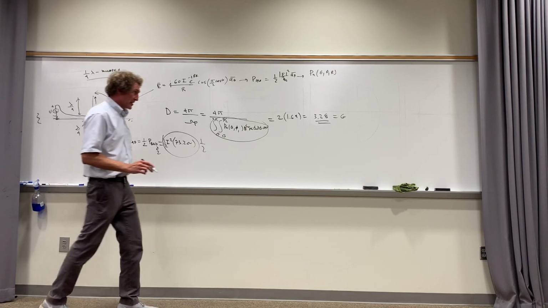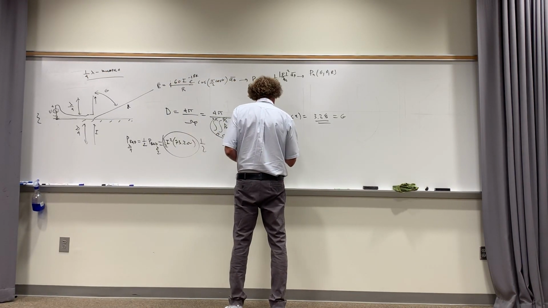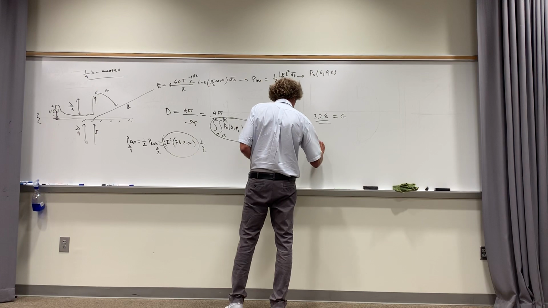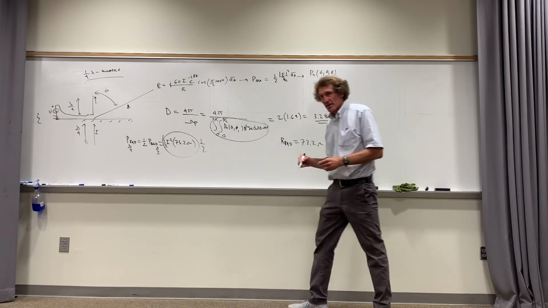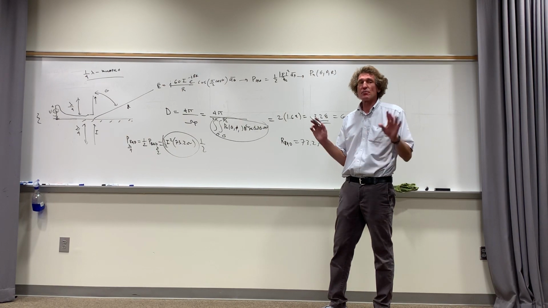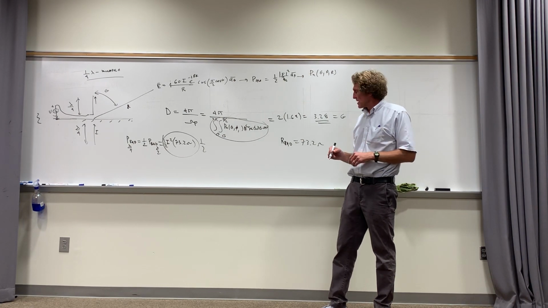But now let me get back to it. If the radiation resistance, R rad, for a half-wave dipole is 73.2 ohms, right? Correct, class? Do you remember that was 73.2 ohms for a half-wave? This is only the radiation. That doesn't include the j42.5, and I'll get to that in a second.